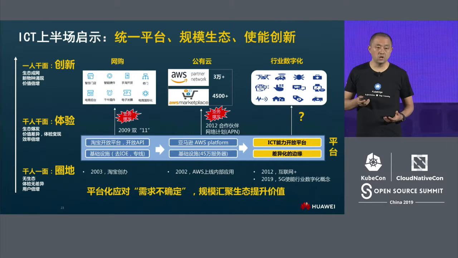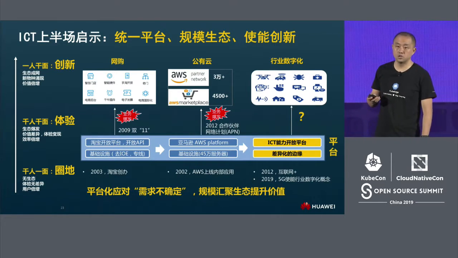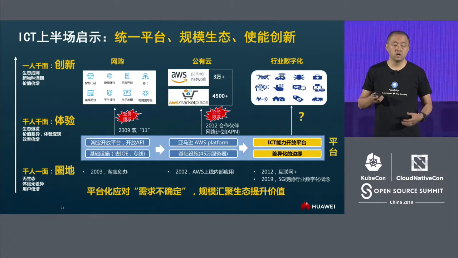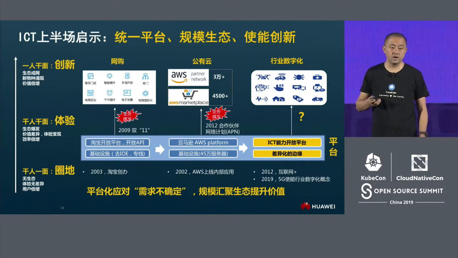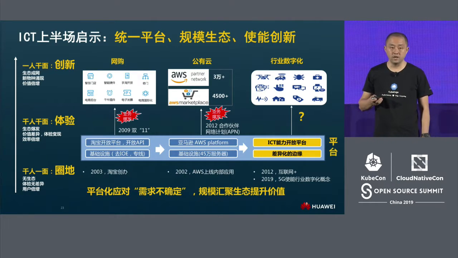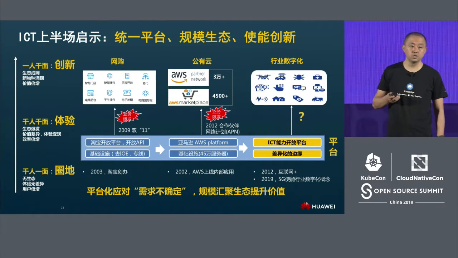And in the middle stage, with the efficiency improved and the resources getting gathered, e-commerce and the public cloud are going into platform development, and differentiated experience has become the major feature.